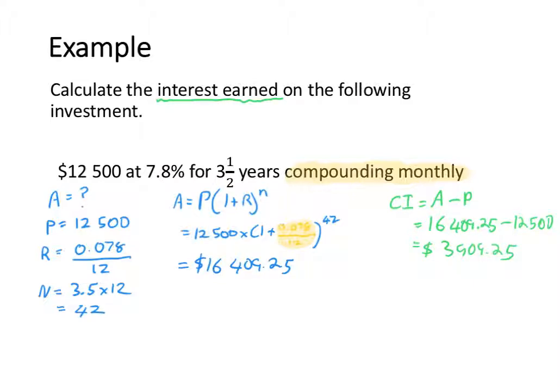So the interest earned on an investment of $12,500 at 7.8% for 3.5 years compounding monthly is equal to $3,909.25. So that's an example of how we calculate compound interest when we are compounding monthly.